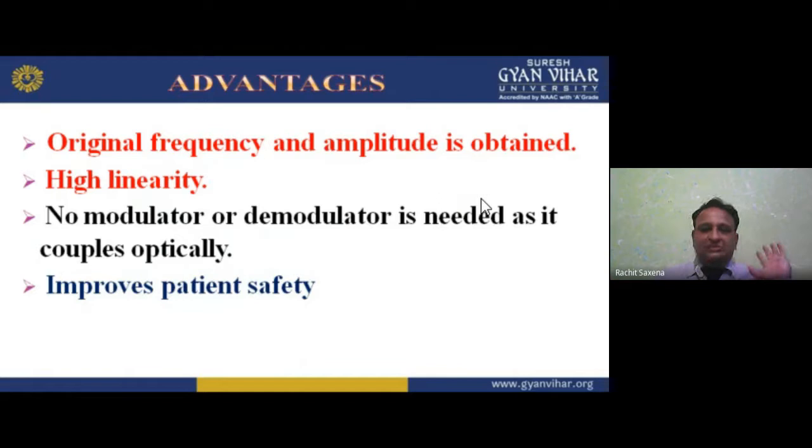Original frequency means, for example, I am moving a signal at 100 hertz. Now internally it works at kilohertz or some megahertz, and converts again into 100 hertz. So the original frequency and the same amplitude, for example 40 volts I am giving, so in output again I am getting 40 volts, and the frequency is 100 hertz, so again in the output I am getting 100 hertz.